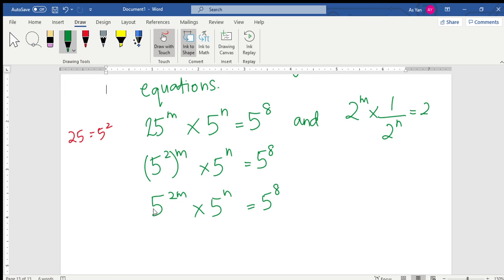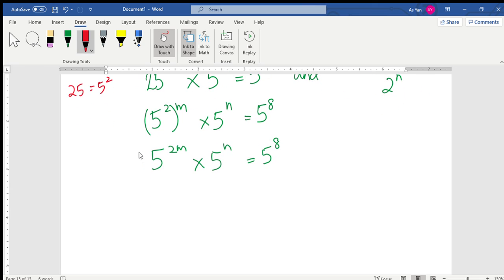Because we have the same base already, 5, 5, 5, we can refer to the index. Because it's multiplication, the index will add. Looking at the left side, it gives us 5 to the power of 2m plus n equals 5 to the power of 8.